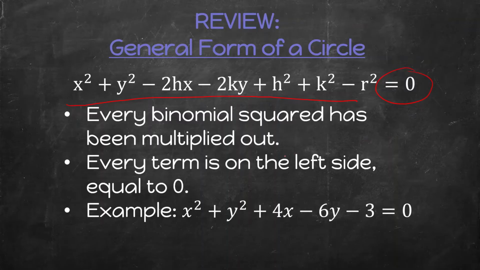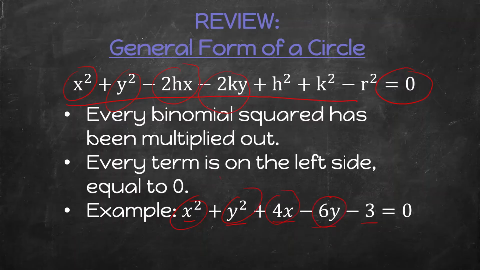Ang example niya ay x squared plus y squared plus 4x minus 6y minus 3. Sabihin nyo, sir, bakit hindi po siya kompleto? Okay, so ito yung x squared, ito yung y squared, ito yung 2hx, yung 2ky.